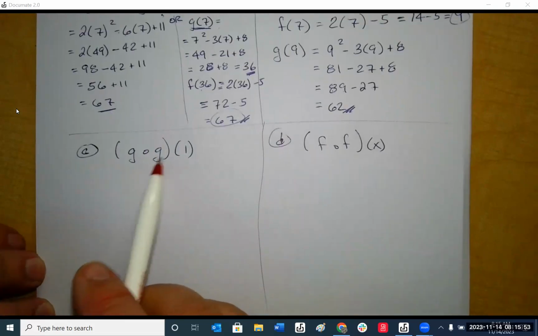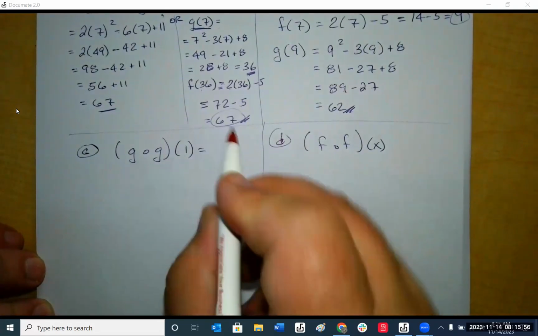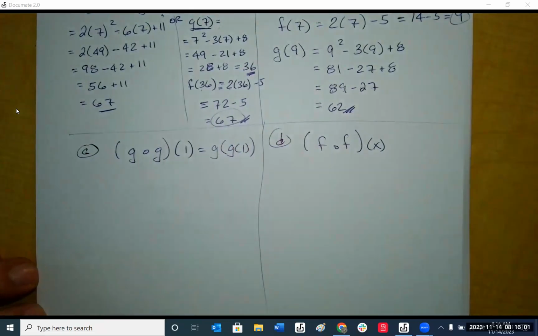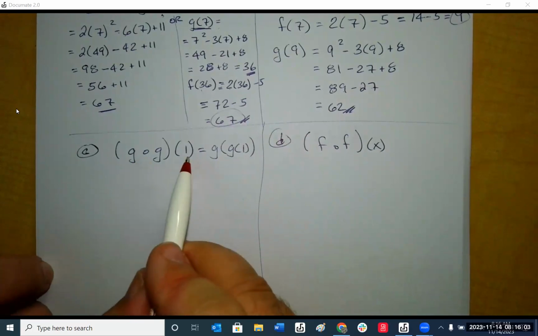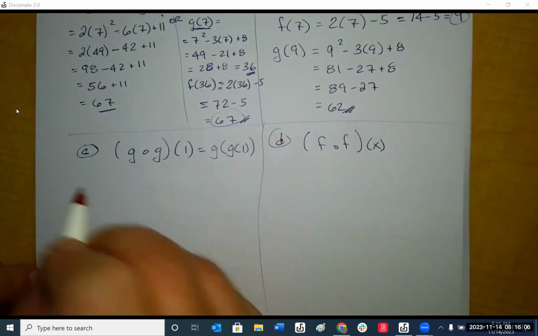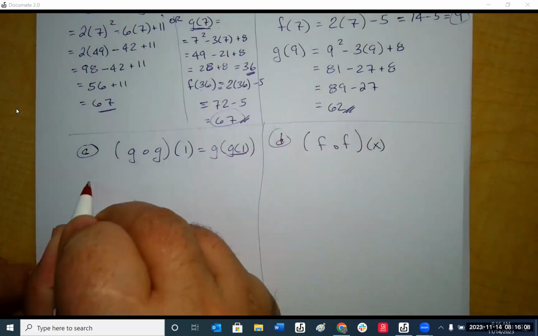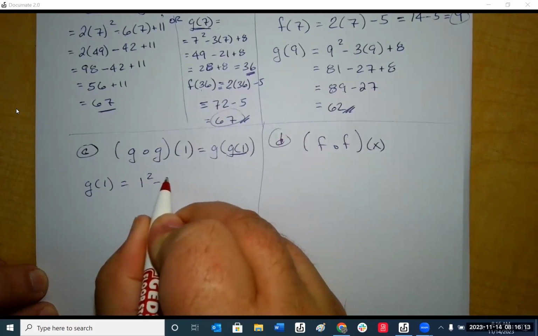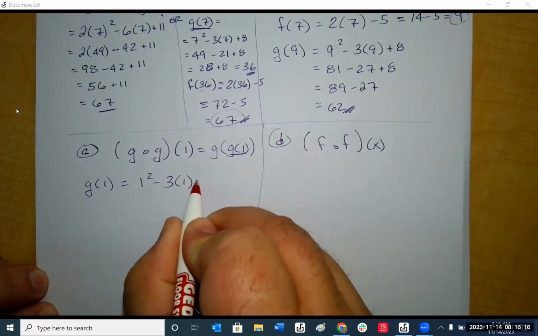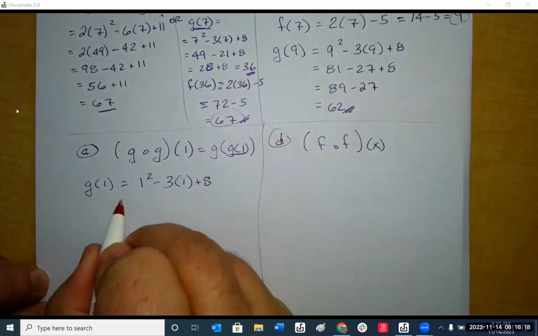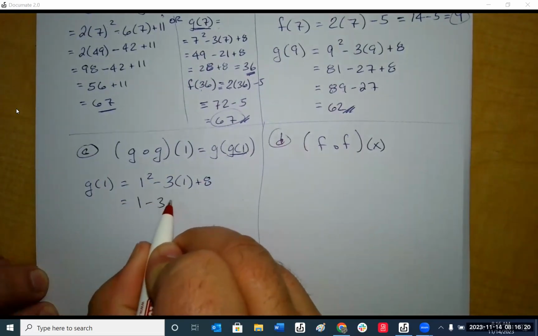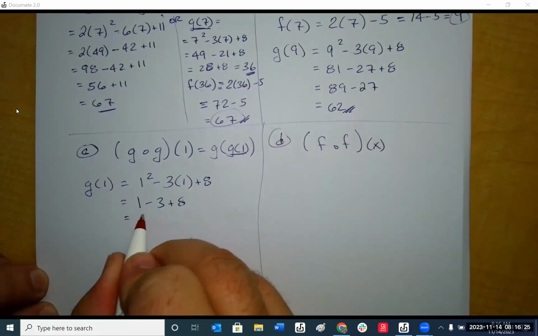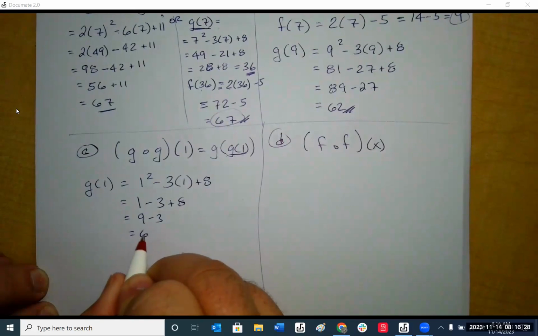All right. We can also use the same function over itself, g of g of 1. So I find the inside first. g of 1 is 1 squared minus 3 times 1 plus 8. 1 minus 3 plus 8. 1 plus 8 is 9, minus 3 is 6.